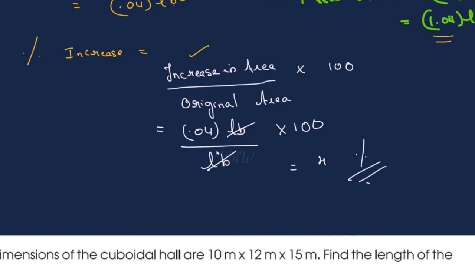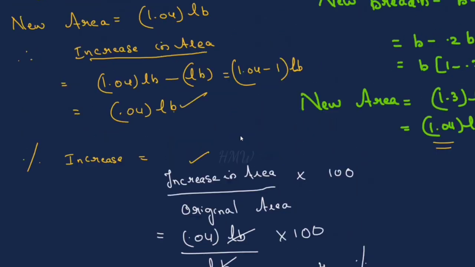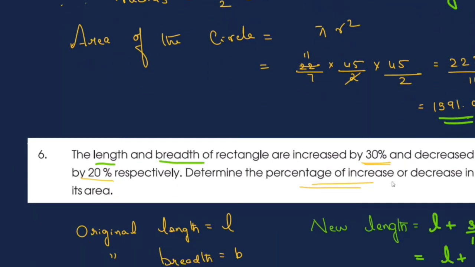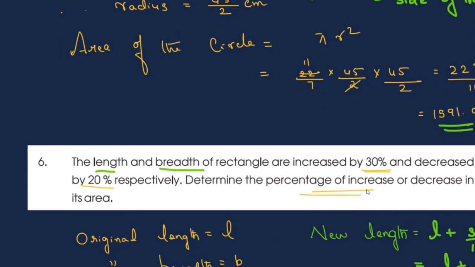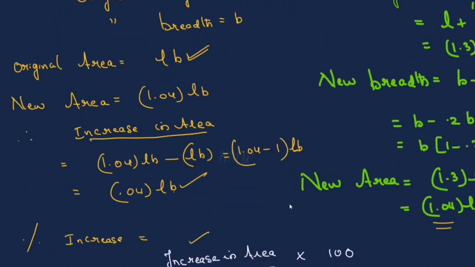LB and LB cancel. 0.04 into 100 is 4%. So the increase in area is 4%. The percentage of increase is 4%.